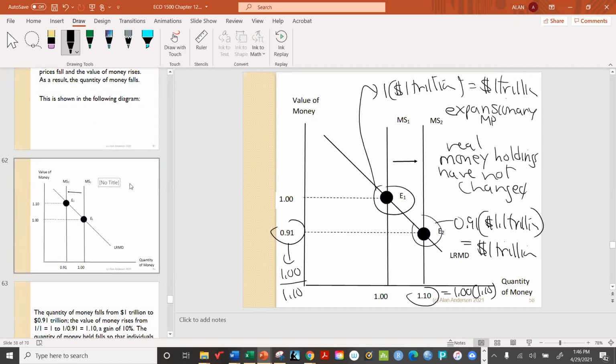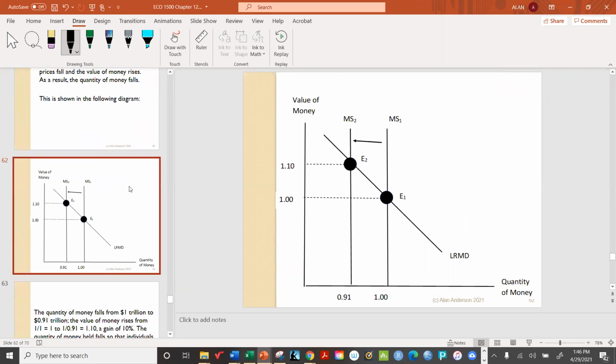And if you look at the numbers, you'll see they look kind of familiar. Here, it's the other way around. This one equals 1 times 1.10, and down here, this is equal to 1 divided by 1.10. So the quantity is the same.